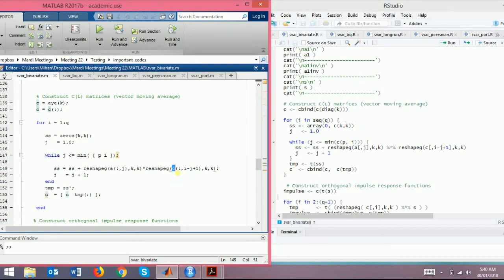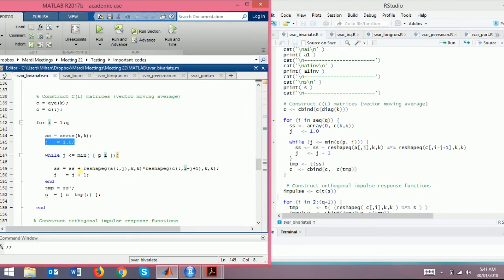Minus 1 to the power I plus 1 means you are taking the ones matrix, all rows, and I minus j plus 1 columns.